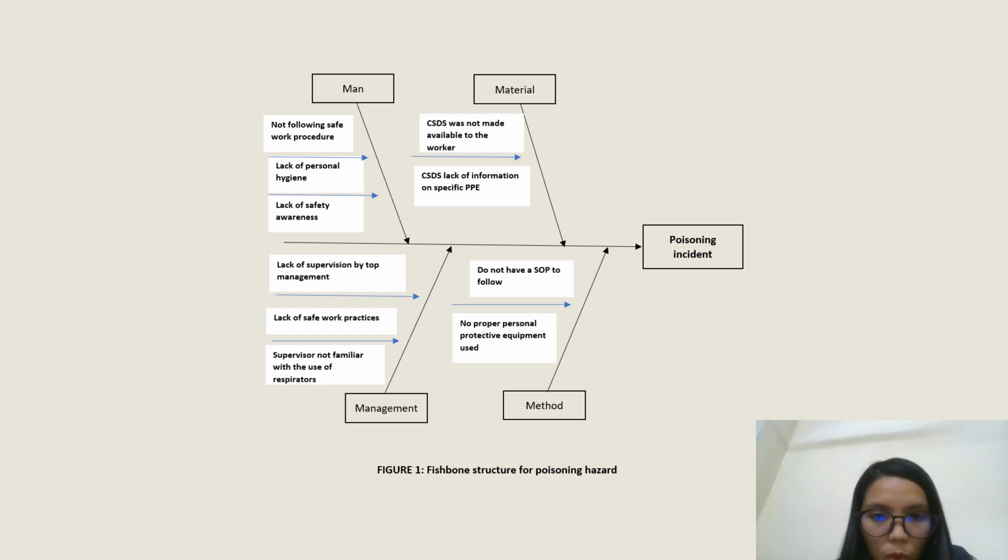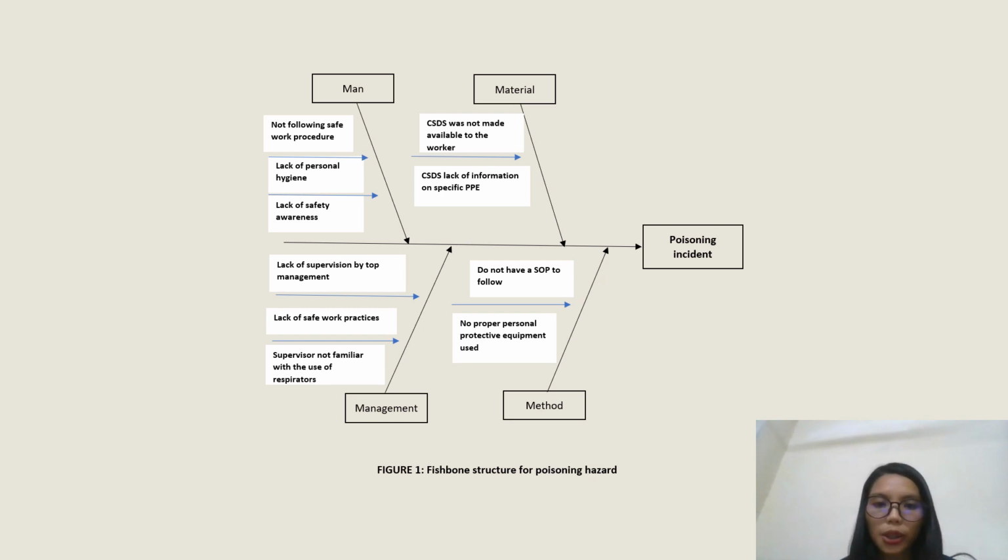The CSDS was not made available to the workers, and it also lacked information on the specific PPE for handling the pesticide. The third factor is management. There was a lack of supervision by the management and also a lack of safe work practice, and the supervisor was also not familiar with the use of PPE or respirators while doing the task.